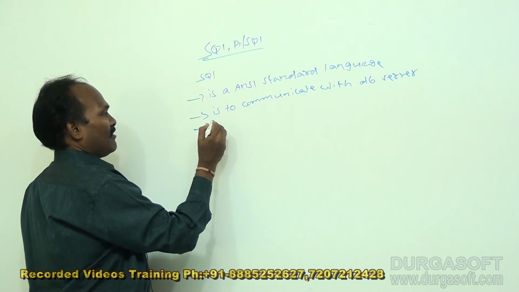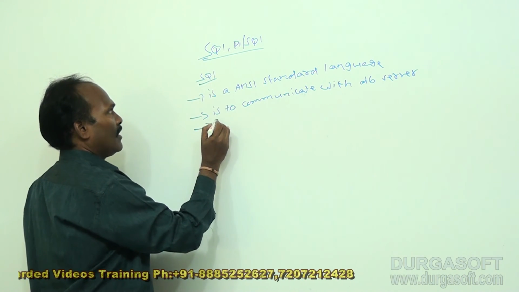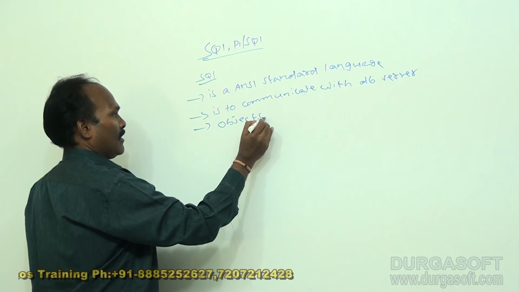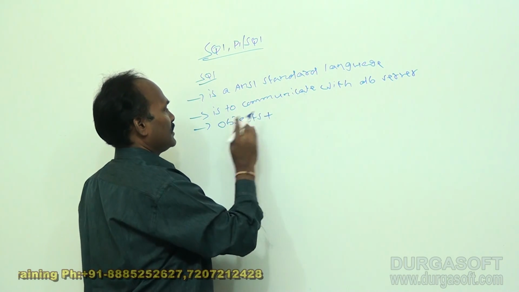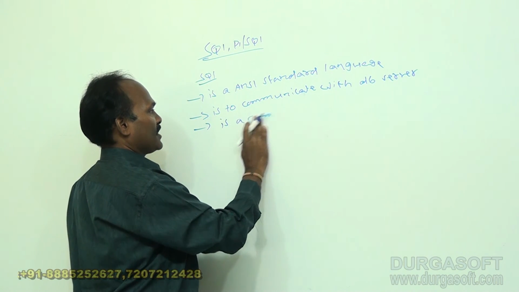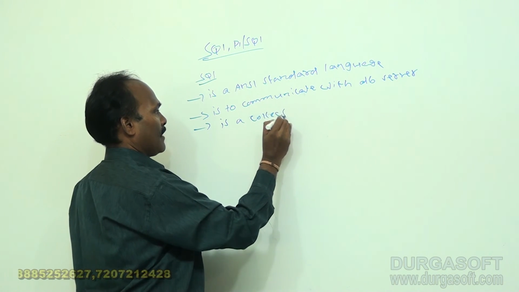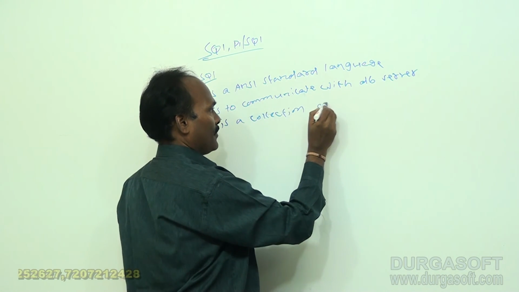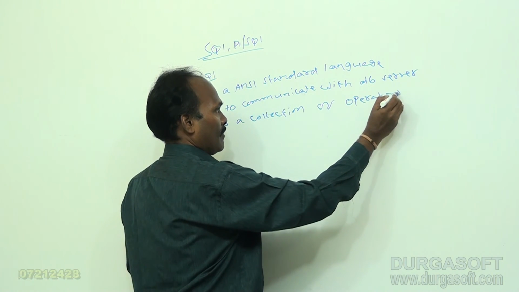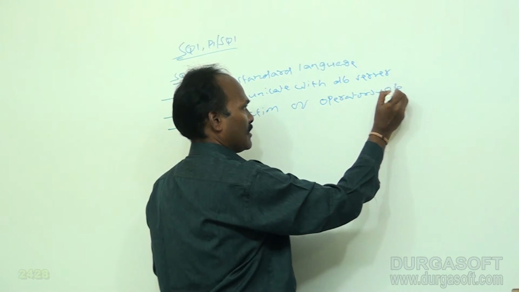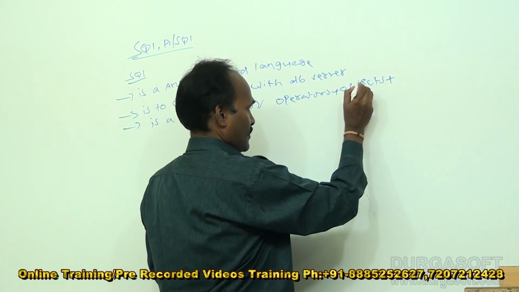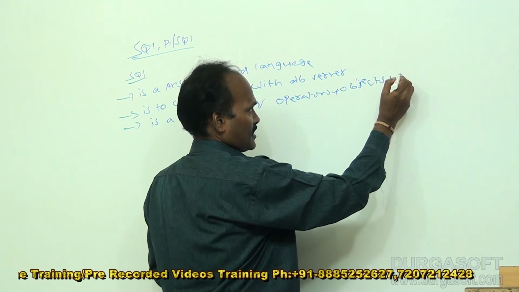And SQL is a combination of what? SQL is a combination or collection of operators plus objects plus something like queries, subqueries, joins.